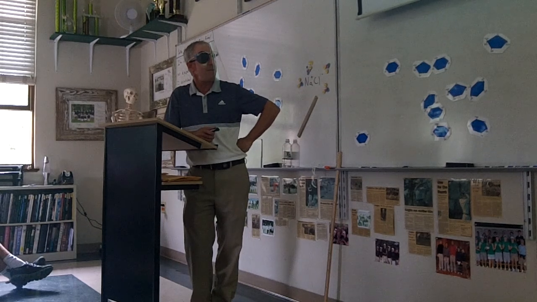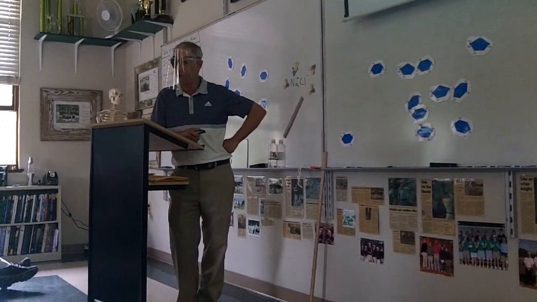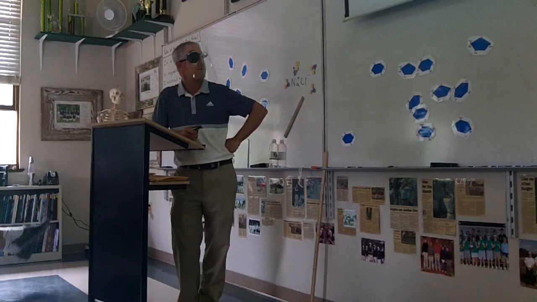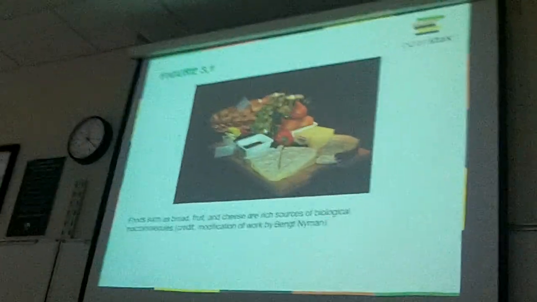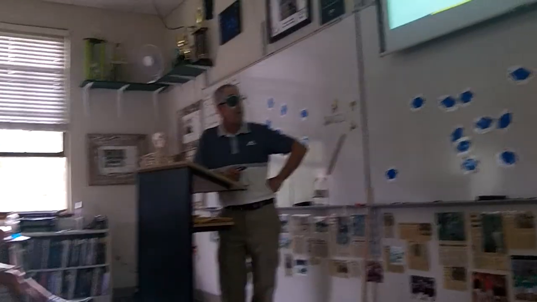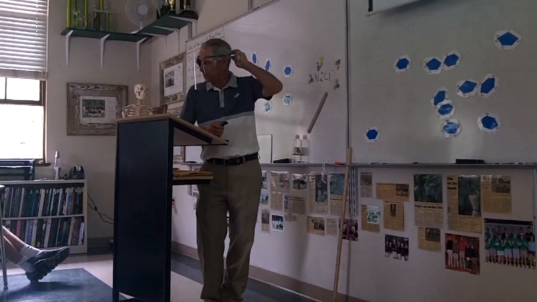Alright, so enough about me. Let's talk about food. You ever eat food? Oh yeah, sometimes. All the time actually. Food contains the 4 types of organic molecules: carbohydrates, proteins, lipids, and nucleic acids.